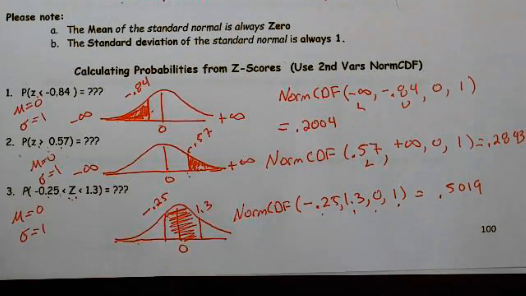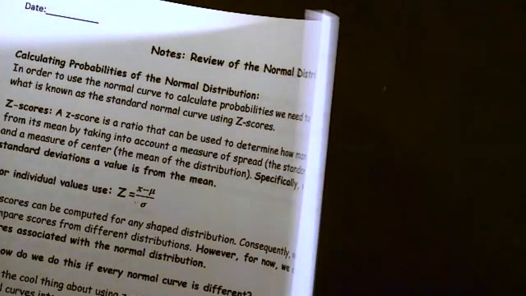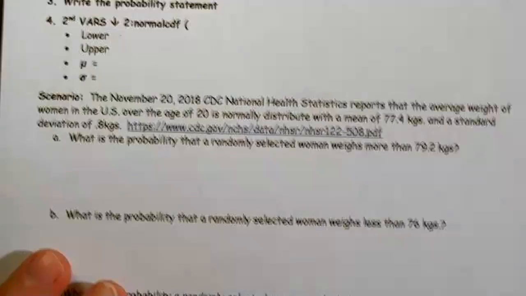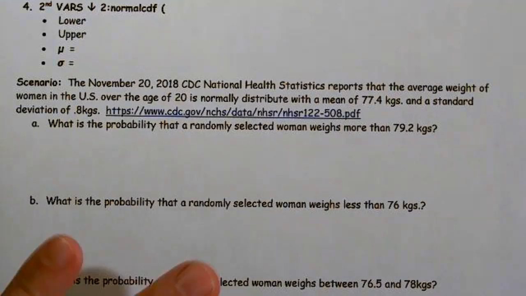Okay, so that's working with z-scores, but what happens if we're working with something that's not a z-score, but it's still normal? The November 20th, 2018 CDC National Health Statistics reports that the average weight of women in the U.S. over the age of 20 is normally distributed with a mean of 77.4 and a standard deviation of 0.8.